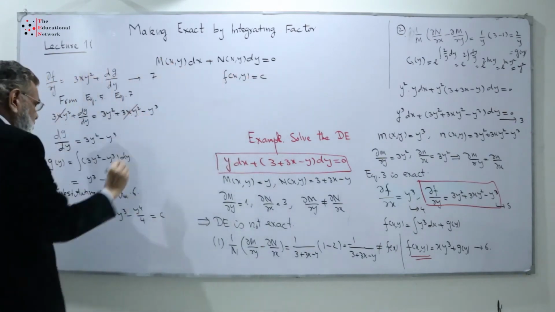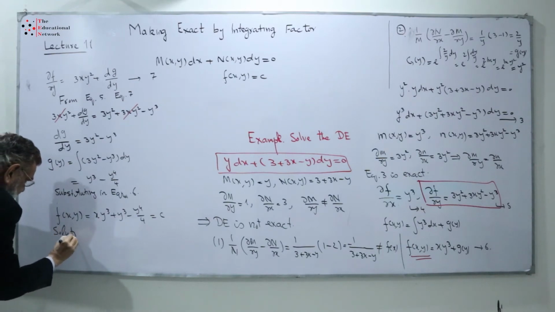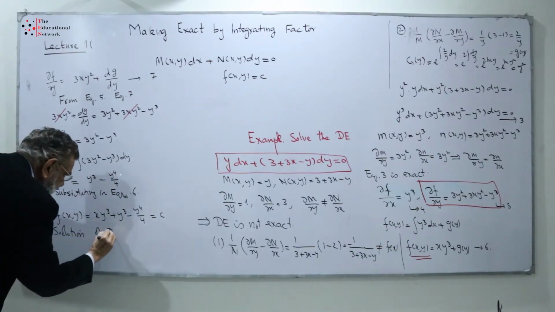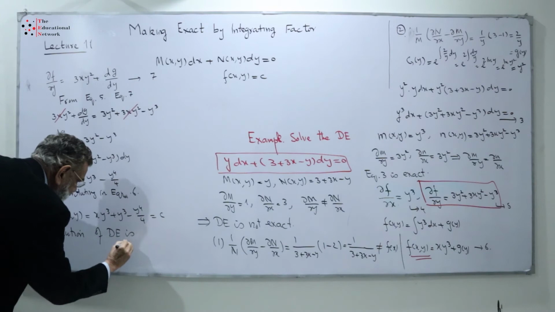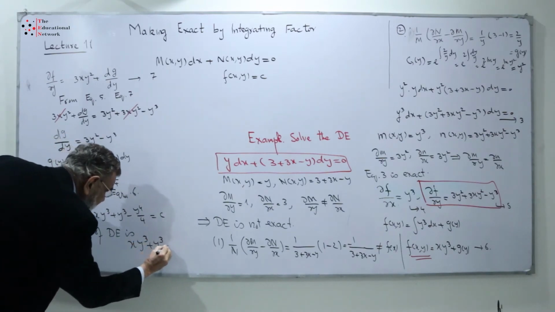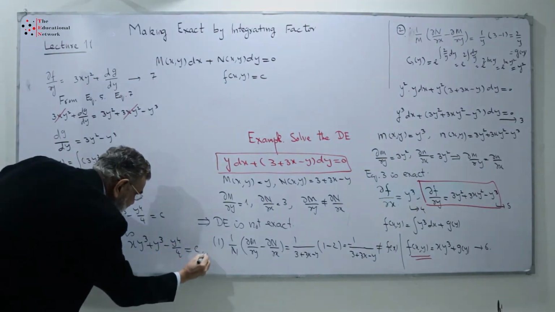So the general solution of the differential equation is xy cube plus y cube minus y to power 4 over 4 is equal to constant. See, this is an explicit solution.